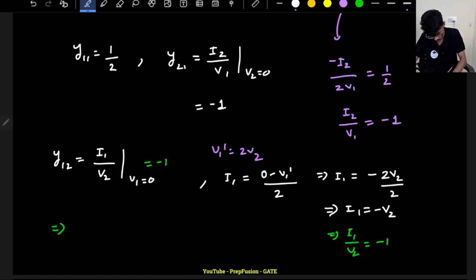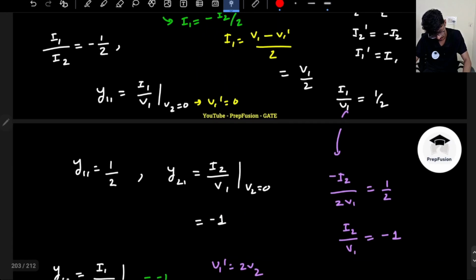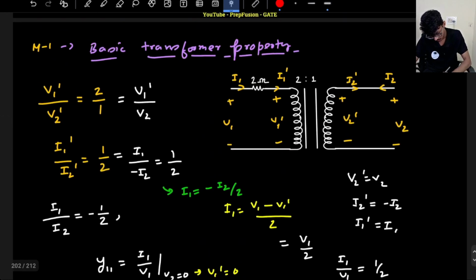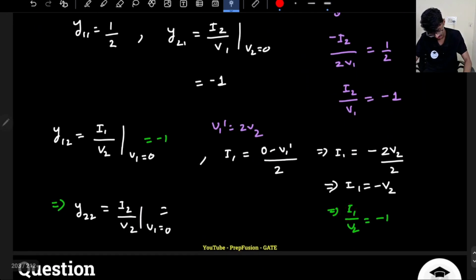What about y22? Y22 will be I2 by v2 when v1 is 0. I know I1 equals minus I2 by 2, so I can replace I1 as minus I2 by 2.